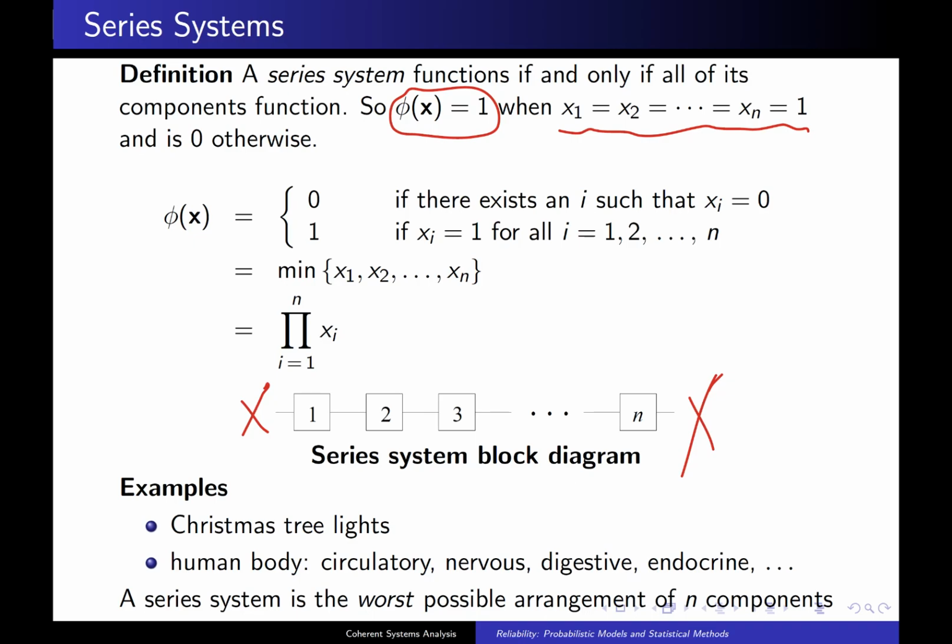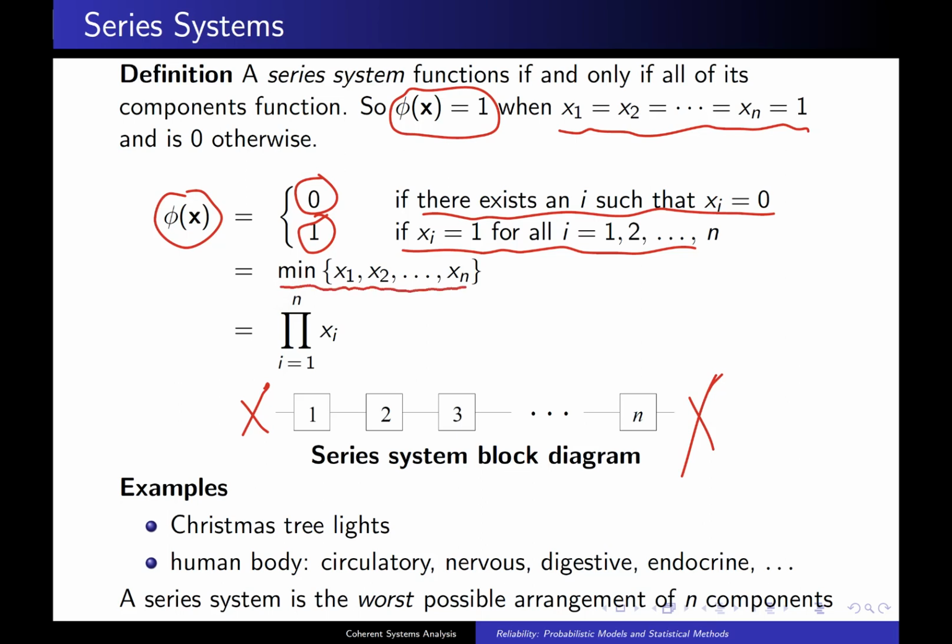So here are three different ways of writing the structure function for a series system. The first way is to say that the system is up if all of the components are up, and the system is down if any one of the components is down. Now that's kind of a bulky way to write the definition of phi of x, so here is a more compact way.